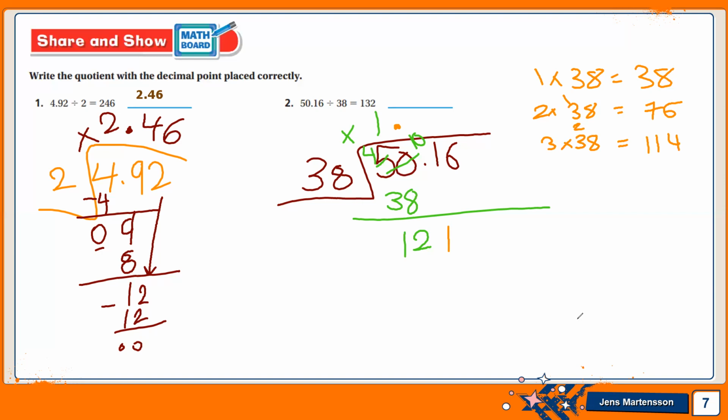Now, 4 times 38 is 4 times 8, 32. 4 times 3, 12, 152. Now, 121, between which two numbers? Between 114 and 152.